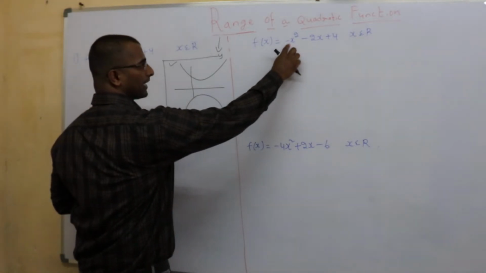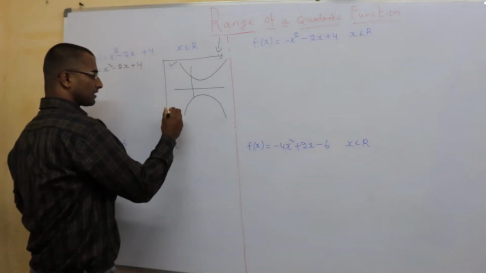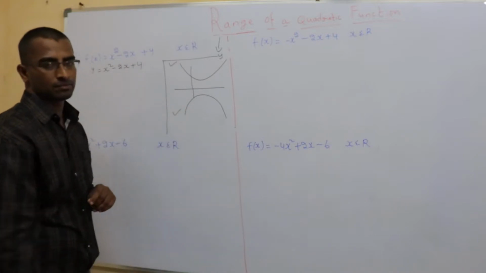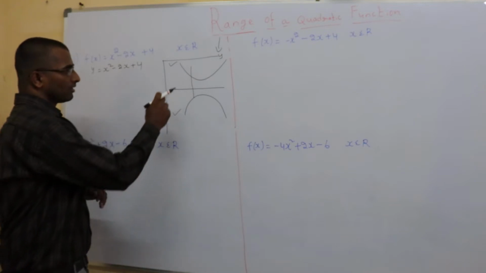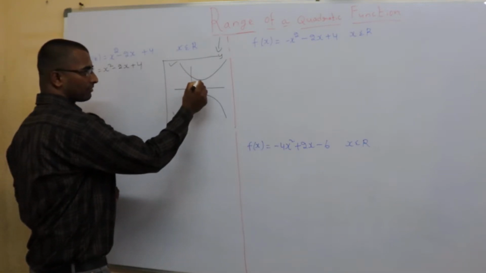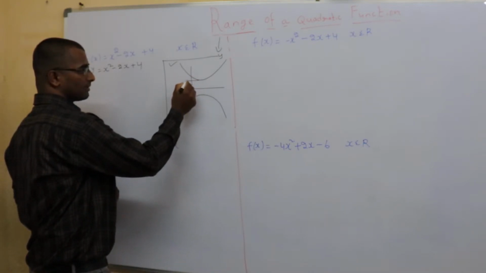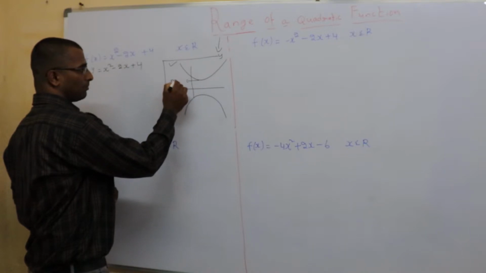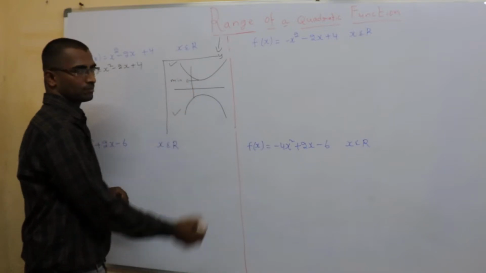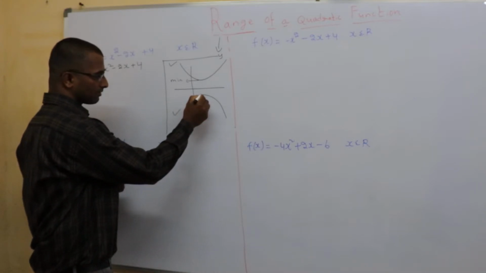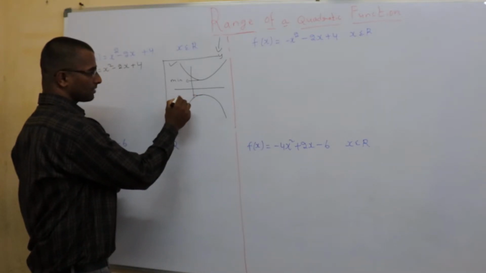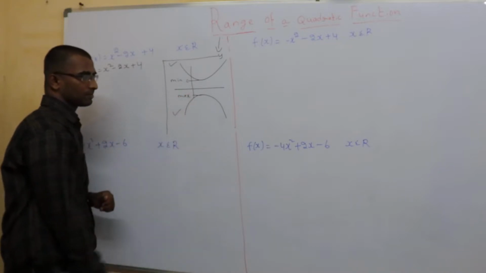If the sign before x square is negative, you get this curve, this parabola. Clear? Now next. For this type of graph, this becomes the minimum point. Accepted? For these types of graphs, this becomes the maximum point.